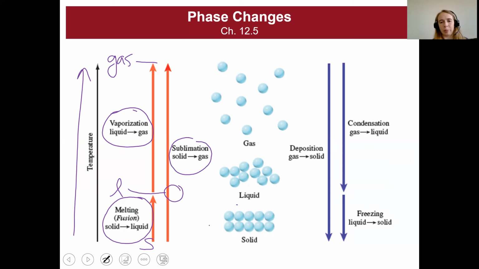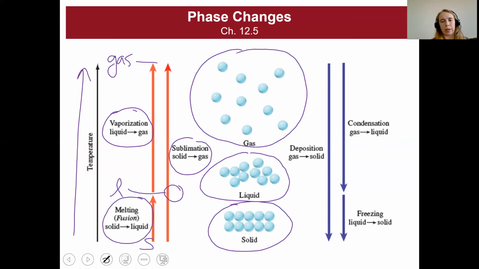You can see the different properties of our solids, liquids, and gases here. And they spread apart due to increasing temperature, increasing energy, which allows the molecules to get further away from each other, essentially, as we'll see in a little more detail here.